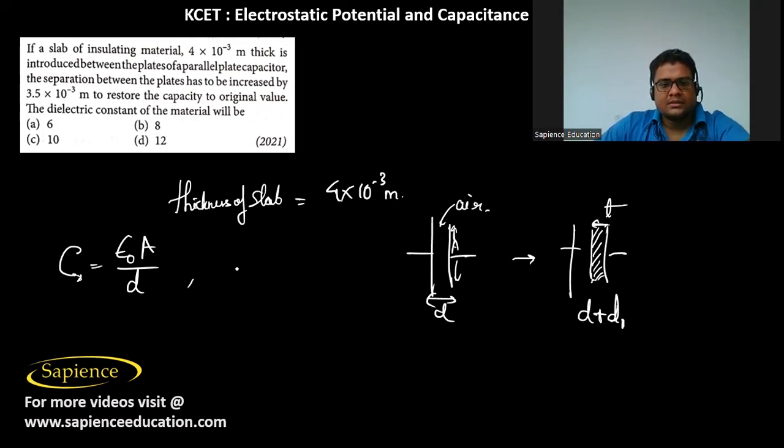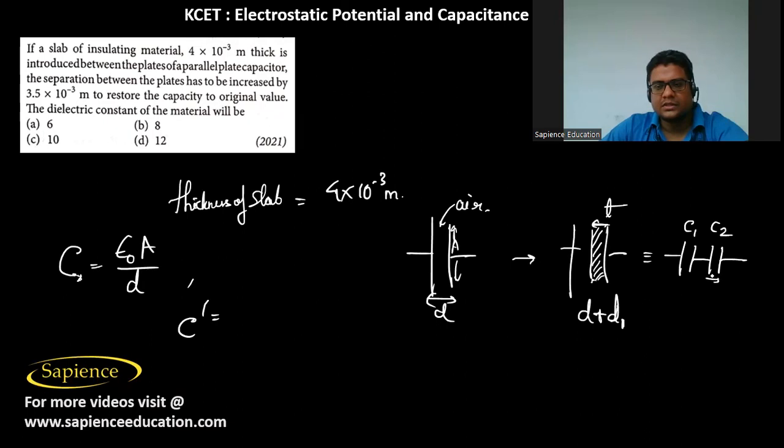The new value of capacitance is equivalent to two capacitors connected in series, C1 and C2. This thickness will be t and this thickness will be d plus d1 minus t.